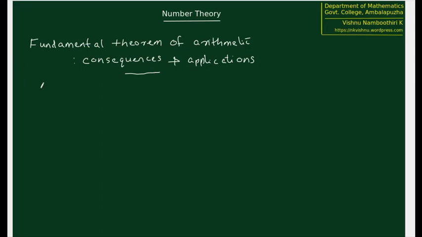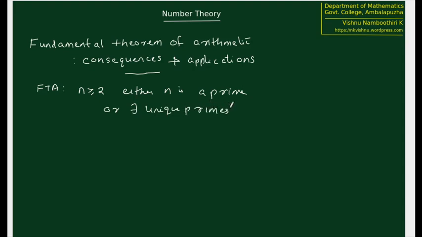Recall that the fundamental theorem of arithmetic states that given any integer n greater than or equal to 2, either n is a prime or there exist primes p1, p2, etc., pk, such that n is the product of all these primes.